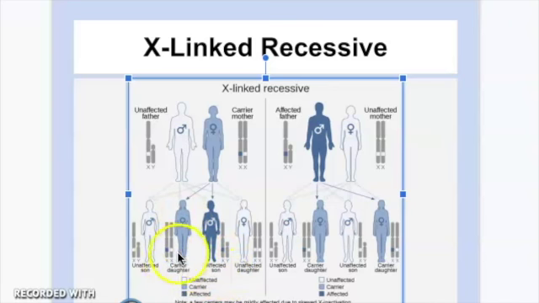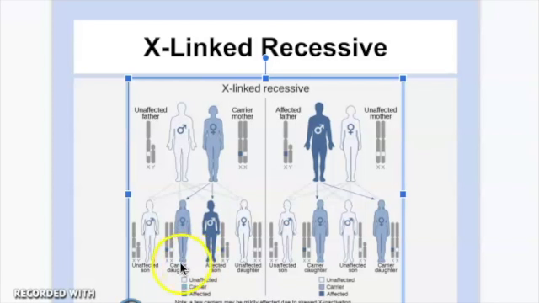The carrier daughter, she got one copy of the affected allele from mom, but dad, of course, his X chromosome, it was unaffected. So she is a carrier. She is not going to have symptoms of the disorder. She would not have color blindness.